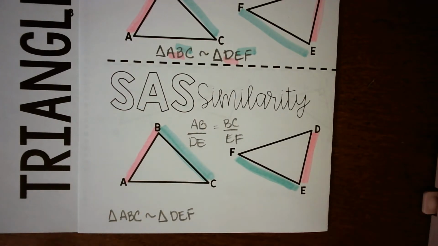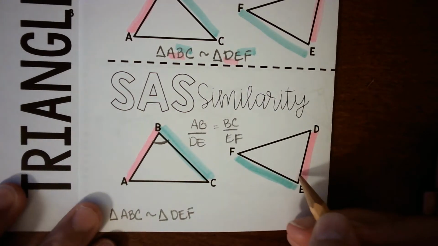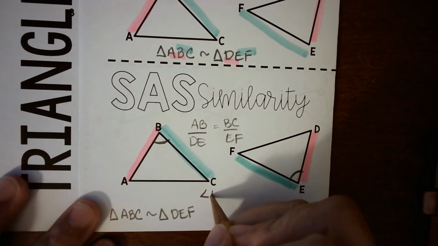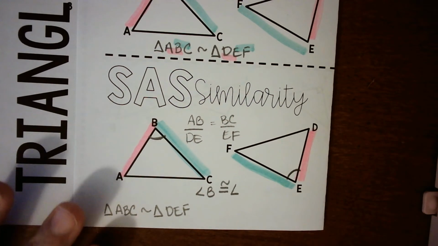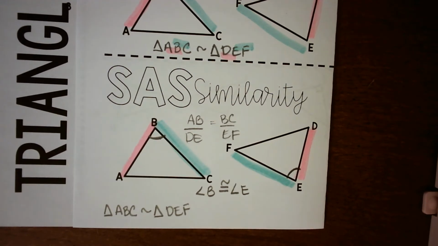If those two fractions simplify to be the same number, that means that the ratio, the scale factor is the same, and that the angle between them, that would be this one and this one, is given, so angle B is congruent, because remember, angles have to be equal to one another, then we have enough to say that these two triangles were similar.